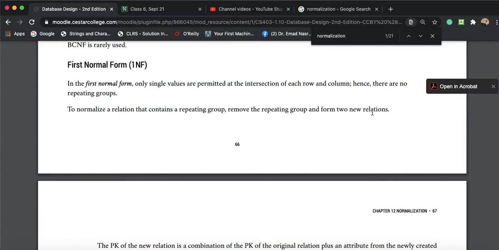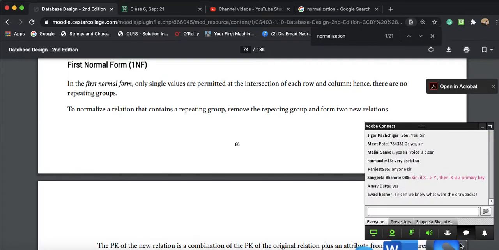Guys, always, and I literally mean it, always, when we want to normalize, we split the relation into two relations. Always, normalization means splitting, because that's the only solution.